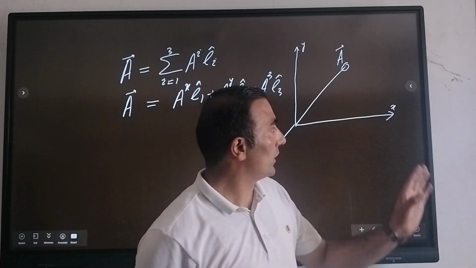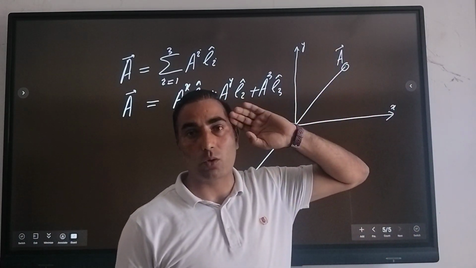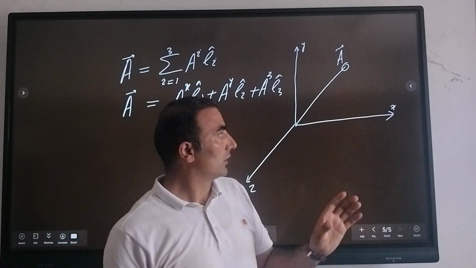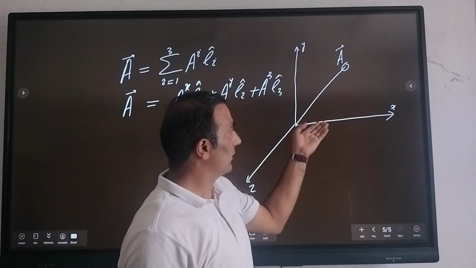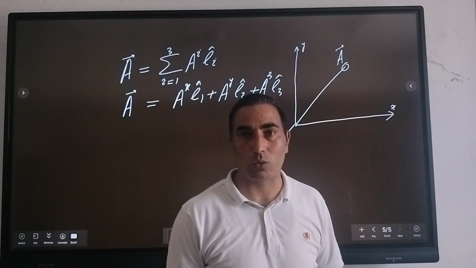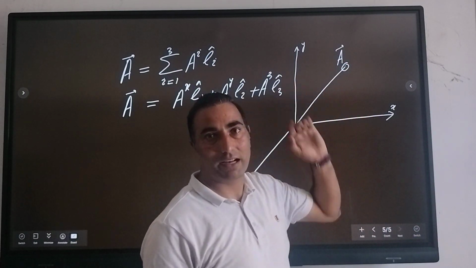Now we know what vector A is, and we want to find the value of this vector A along the x, y and z directions. That means we need to calculate its projection. So the projection of this vector A along x, along y and along z direction.